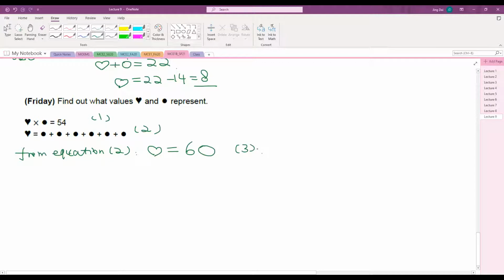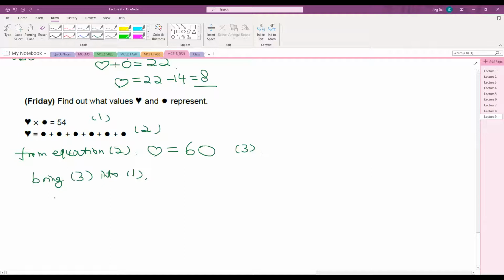Then what, Ethan Roberts? Then I draw this: heart times circle equals 54. And then I turned it into 6 times circle times circle equals 54. So bring equation 3 into equation 1.